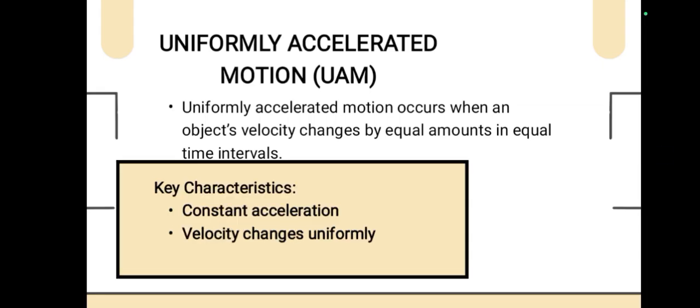Now next, what are the characteristics of a uniformly accelerated motion? Number one, as I mentioned earlier, the acceleration should be uniform or constant. And since the acceleration is uniform, that means the velocity changes uniformly. Either the velocity increases or decreases.